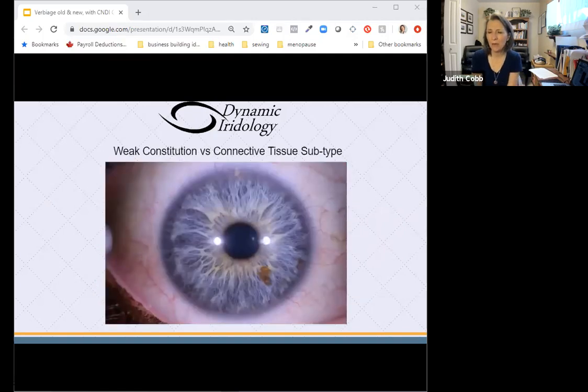This type of eye, where the fiber structure is quite erratic, used to be described as having a weak constitution, that this person had a genetically weak constitution. And it used to be taught that you could change that by changing their diet and giving them supplements. You could straighten out these fibers and things like that.